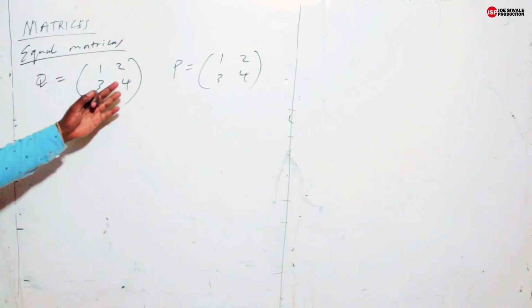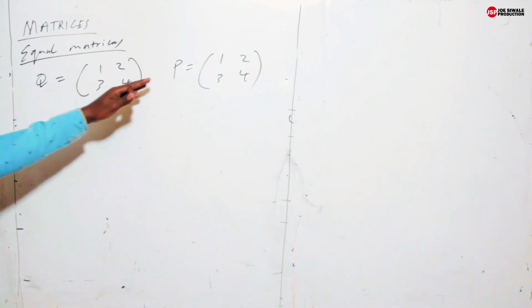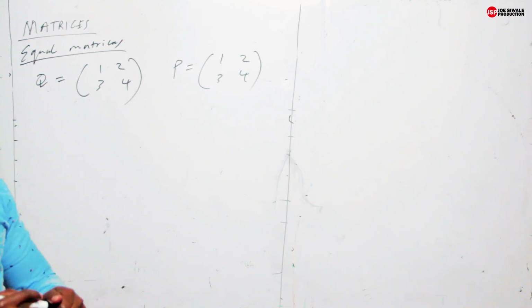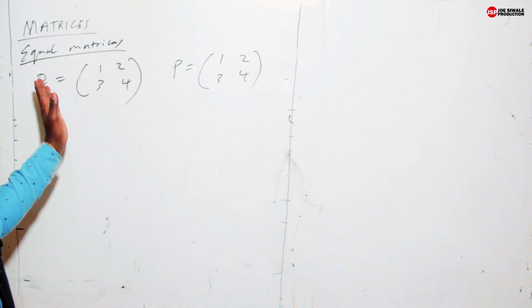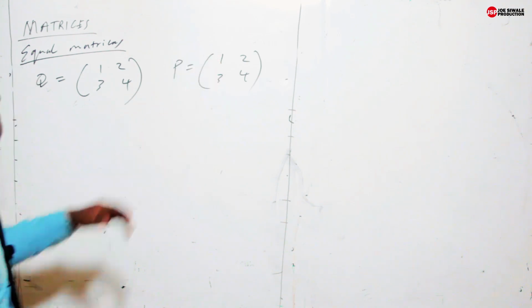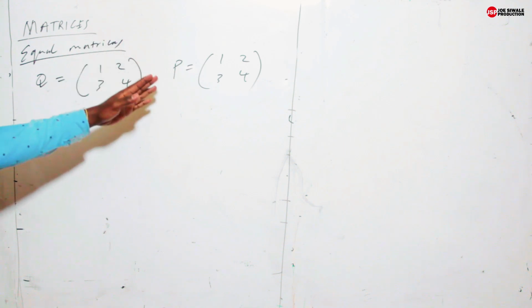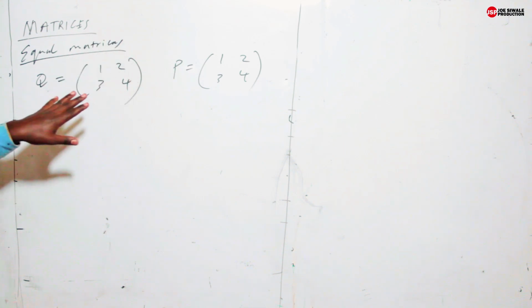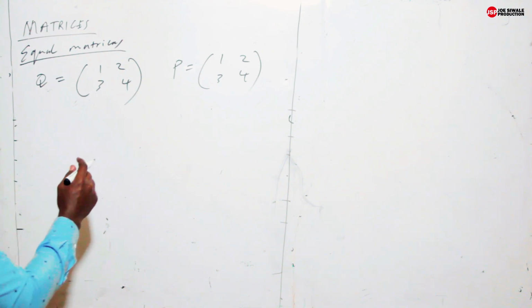From this, we can say matrix Q is equal to matrix P, because the corresponding elements of matrix Q are equal to those of matrix P. So we can say that these two matrices are equal.